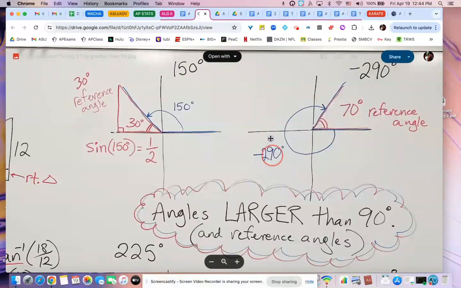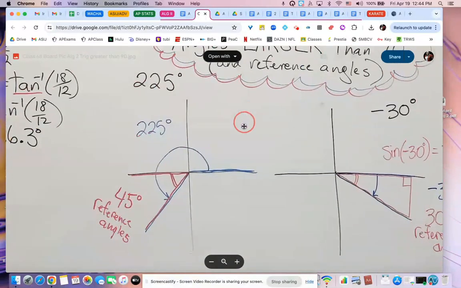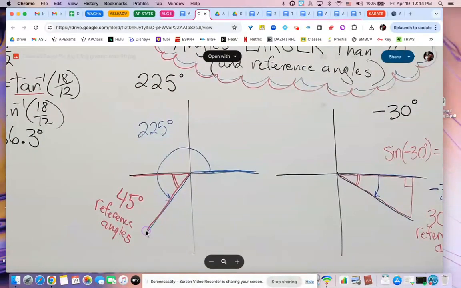So if I looked at, let's go down to this one. This is a 45, 45, 90 triangle. I went 225 degrees total. So that took me 45 degrees past 180 to here. So my terminal side is in this third quadrant. The base of this is considered negative because we're going left. And the height of this is also considered negative because we're going down.